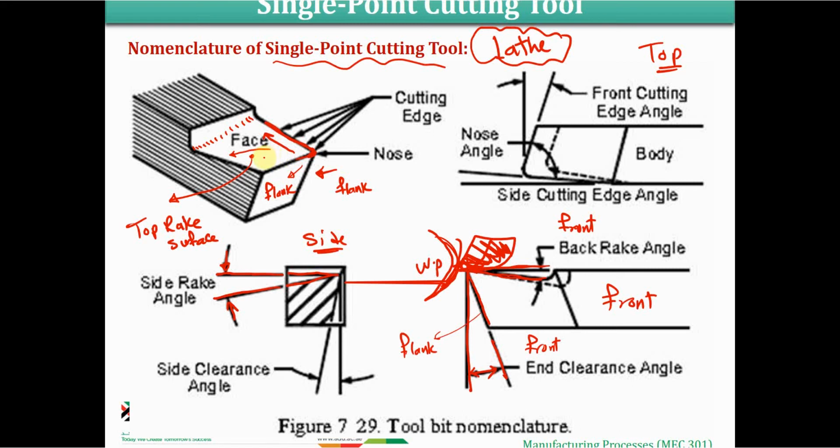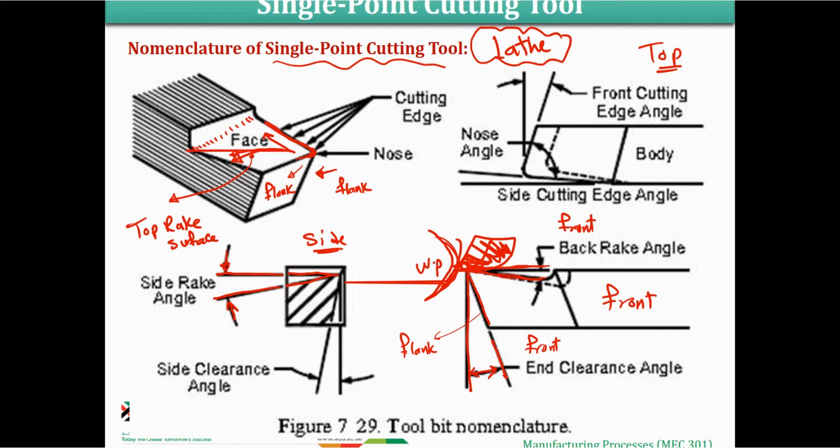And instead we just give another rack angle, another inclination to the surface, so the chip goes in this direction. So the contact area between the chip and the tool becomes smaller, which will reduce the amount of heat generated because of the sliding of the chip over the tool.